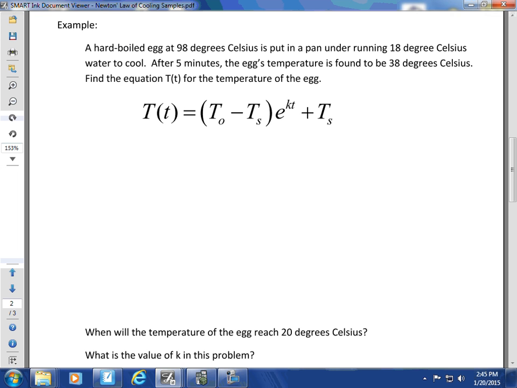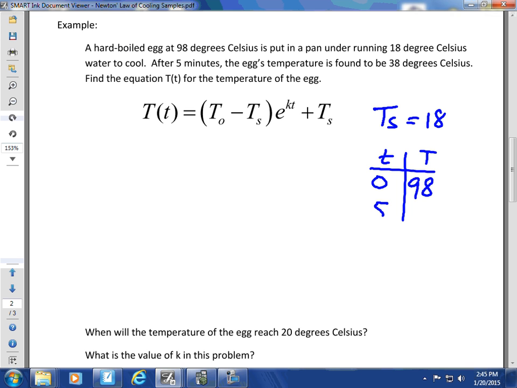Okay, so I need to fill in a table by hunting through the text. What are we going to use for T sub S, the temperature of the surrounding medium? That's 18 degrees. I'm going to put it in a pan of water that's 18 degrees. At time 0, what temperature do I have? 98 degrees.